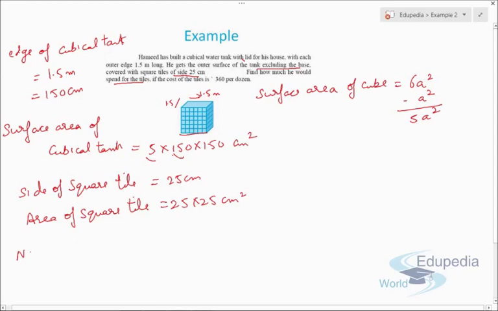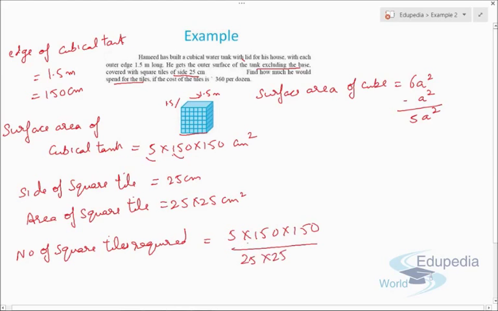So the number of square tiles required will be 5 times 150 times 150 upon 25 times 25. So 5 times 5 is 25, then 5 times 6 is 30. So it will come out to be 6 times 30, which is 180 tiles.